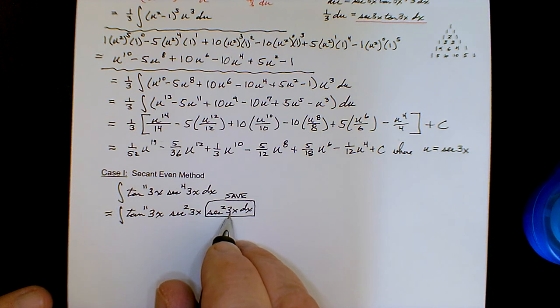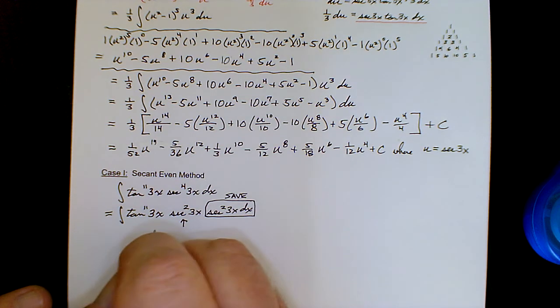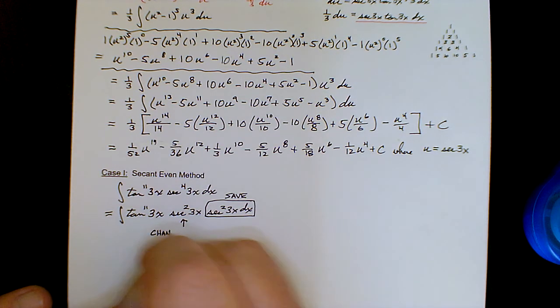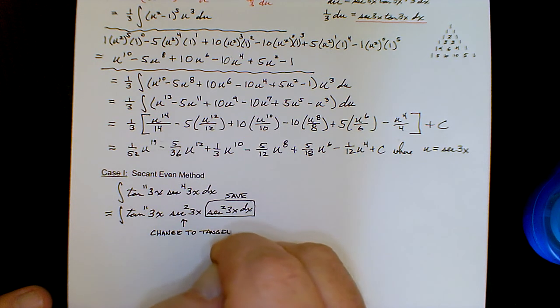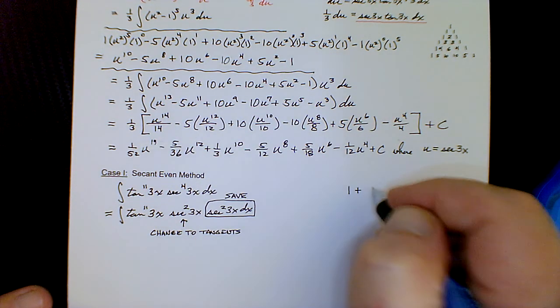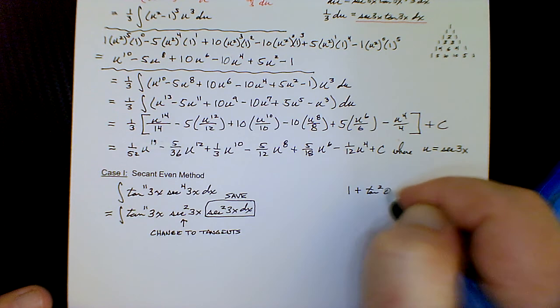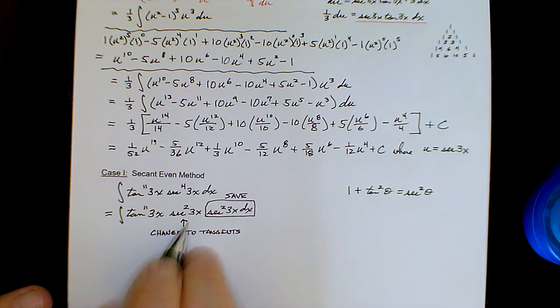So if we could change the remaining factors of secant to tangents, we'll be able to start the u substitution process. The identity, recall, was 1 plus tangent squared theta is secant squared theta, so identically we can replace secant squared. So we're going to recopy this tangent to the 11th of 3x.